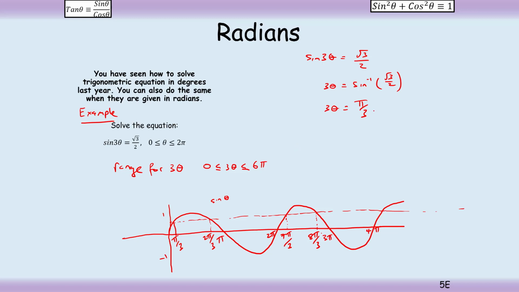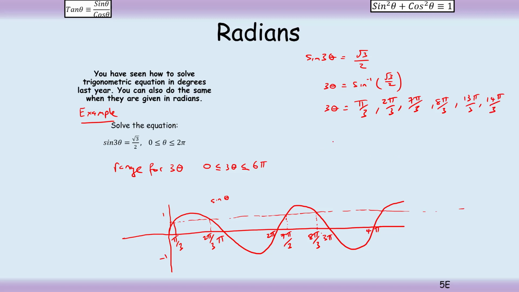So we can say 3 theta is equal to pi by 3, 2 pi by 3, 7 pi by 3, 8 pi by 3, and then repeat again, 13 pi by 3, 14 pi by 3.